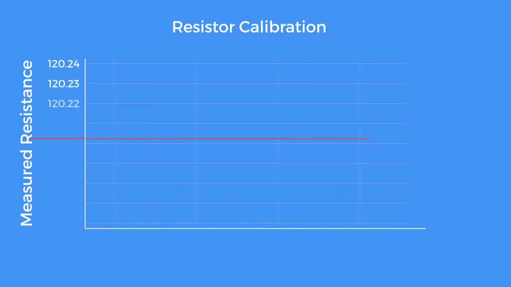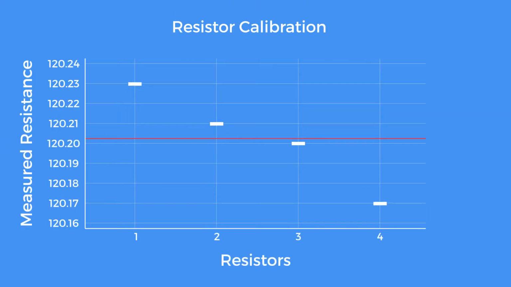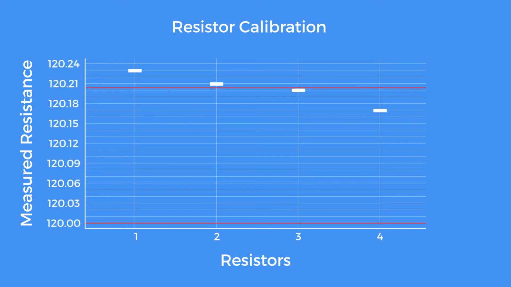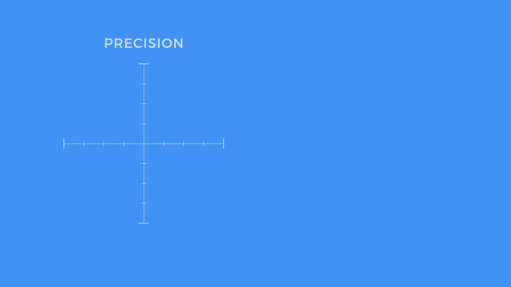The 4 resistors were measured and their values were interestingly much more precise than they were accurate, with the average rating for each resistor being 120.2025 ohms. In a scenario of a Wheatstone bridge strain gauge, the resistor precision is much more important than resistor accuracy, as each resistor should be as close as possible to the rest.